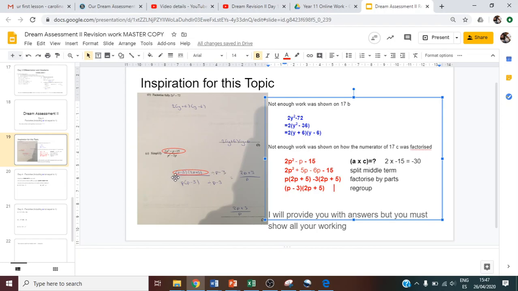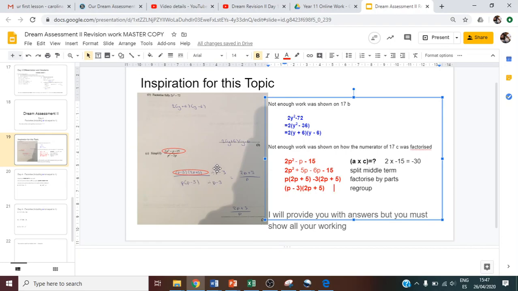So that's how this person's got this over here. Now, seeing that this is factorized here, and they factorized the bottom down there, and I'm willing to accept that. They just saw that they had a common factor of p, so they put the p out front, and inside they've got p minus 3, because p times p would make p squared, and p times -3 would make -3p. So that was okay.